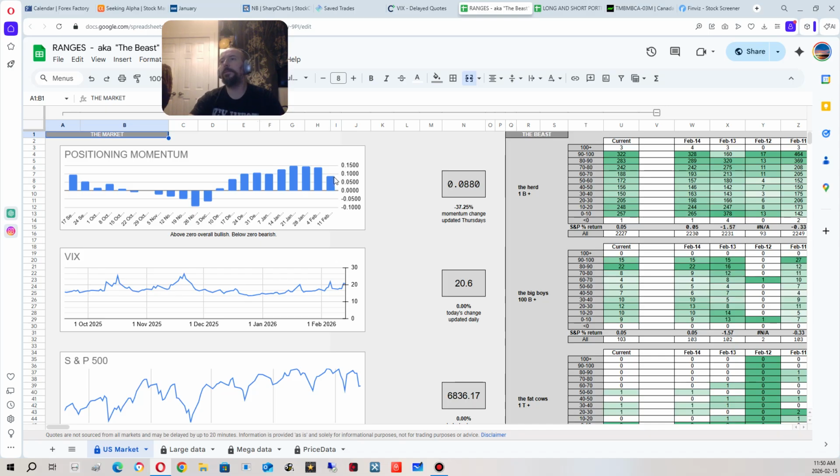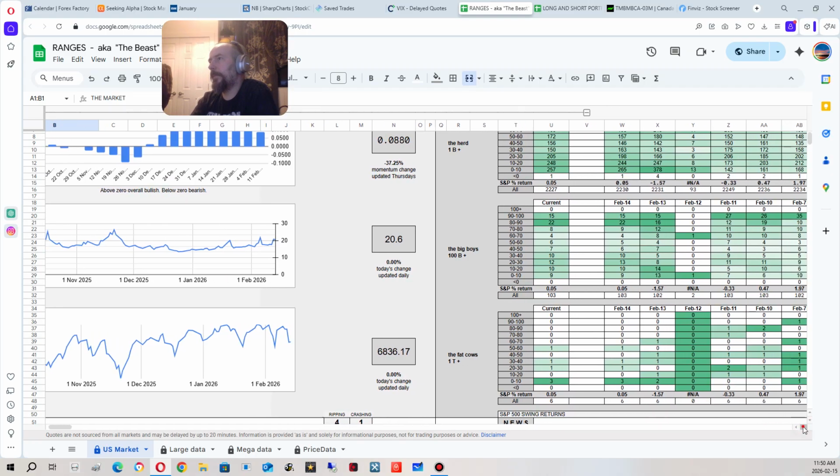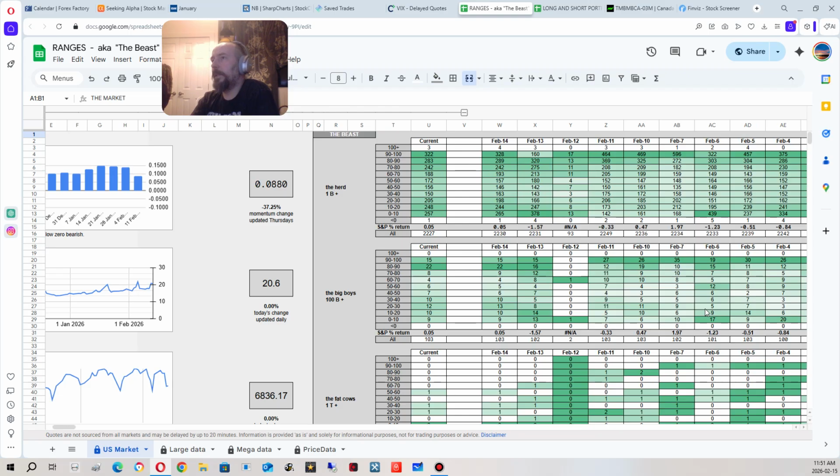If this goes negative, there are usually lengthy corrections every time. The herd itself, if you look at this other indicator on the right side here, is actually confirming that.